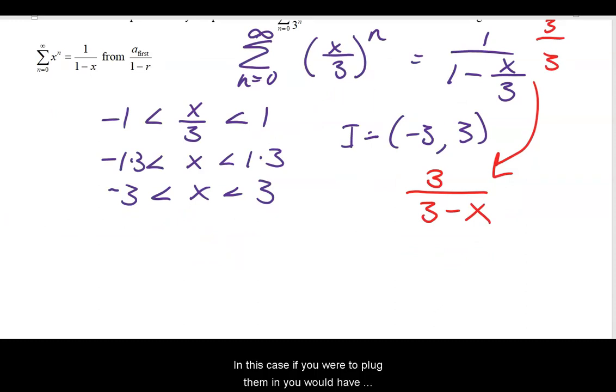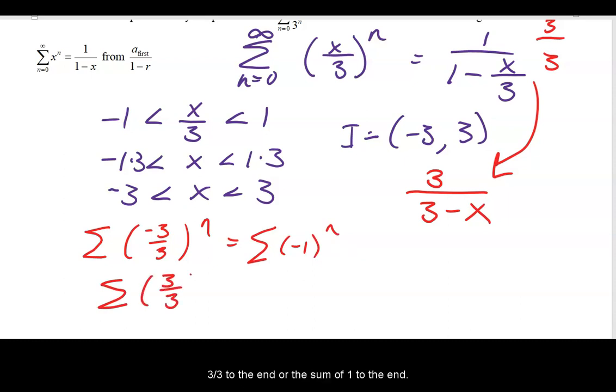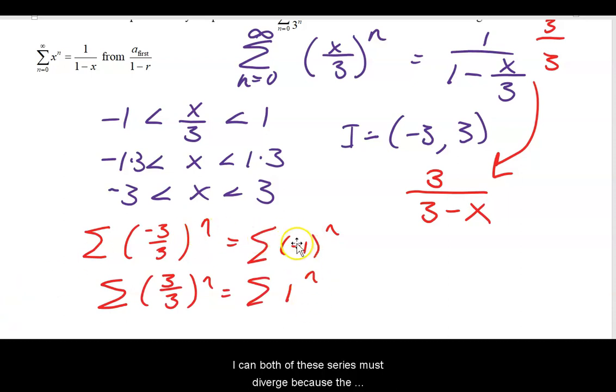In this case, if you were to plug them in, you would have the sum of -3 over 3 to the n, which would give you the sum of -1 to the n, or using the right endpoint, the sum of 3 over 3 to the n, or the sum of 1 to the n. Again, both of these series must diverge because the limit of the sequence in both cases does not go to 0.